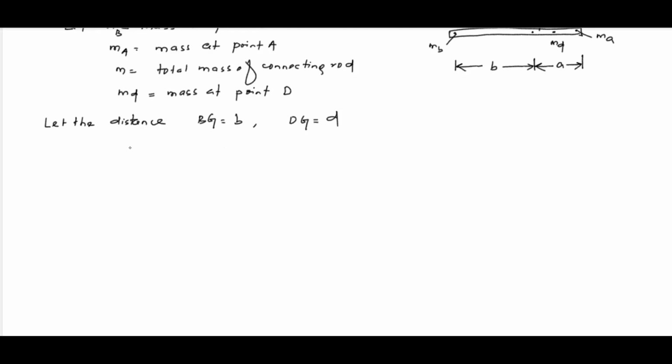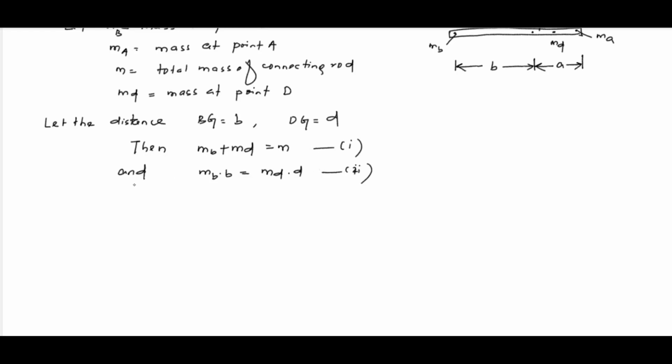Then we can write the equation that MB plus MD is equal to M. Let's say this is equation 1, and MB times b should be equal to MD times d, equation 2.